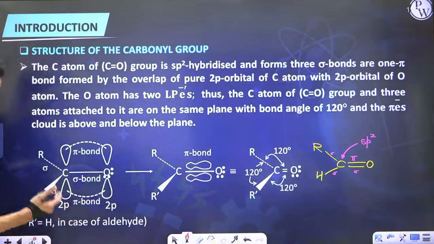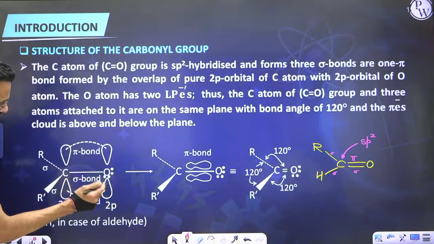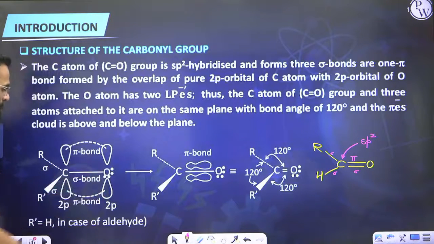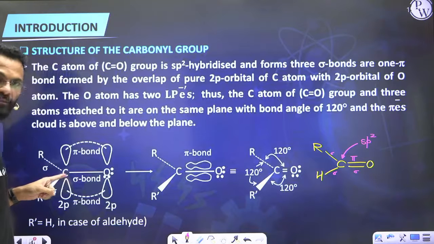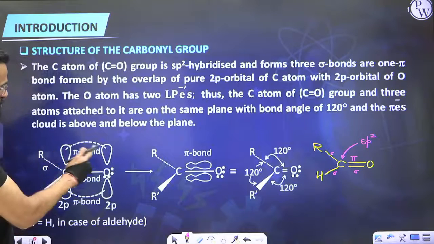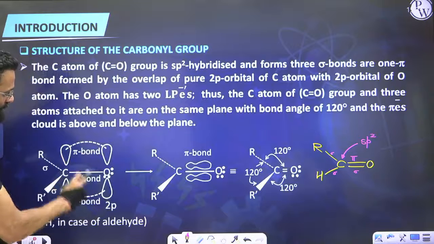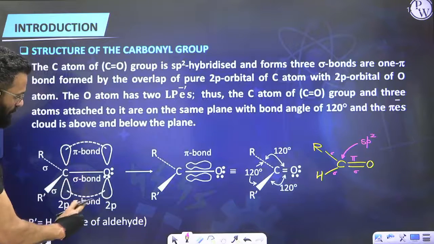Do you see here? Now we have taken ketone here. So this is sp2 hybridized carbon having 3 sigma bonds obtained by overlapping of sp2 hybridized orbitals. Other than that, there is a pure p orbital which lies perpendicular to the plane of this sp2 hybridized carbon, and then those p orbitals can laterally overlap, resulting in the formation of a pi bond.